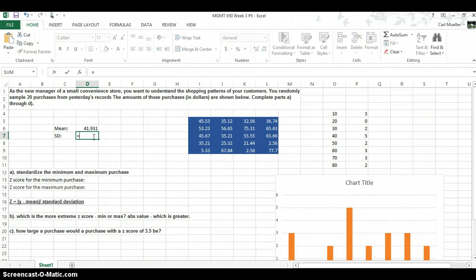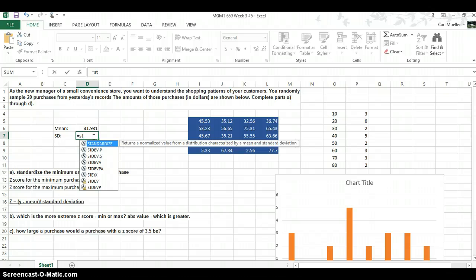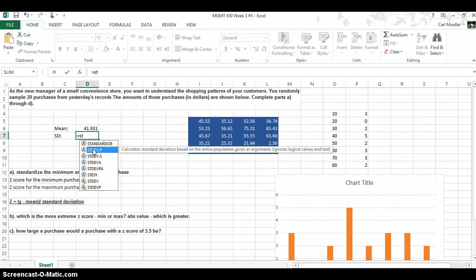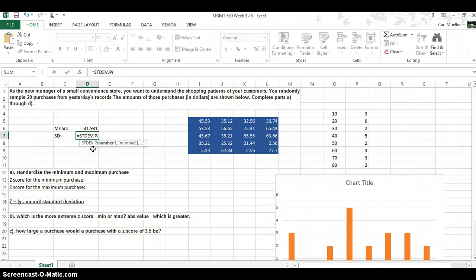In terms of standard deviation, same thing. Standard deviation is right here. But actually, you want to do sample in this case. In older Excel versions, we can do that as well. It's just this one, and that's what we've done.